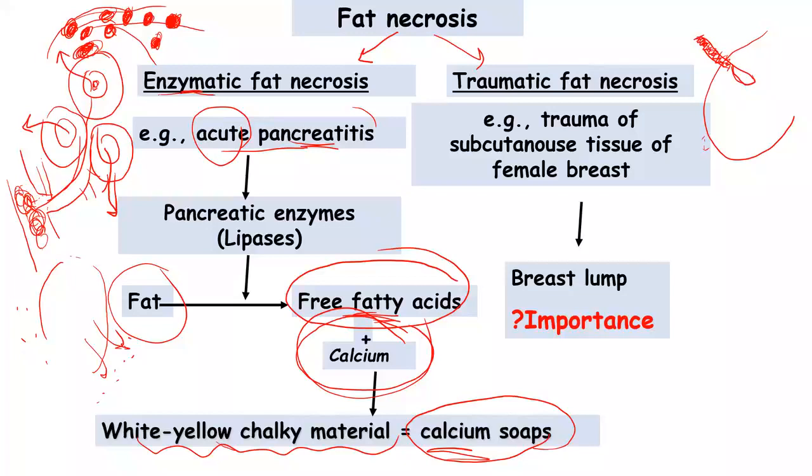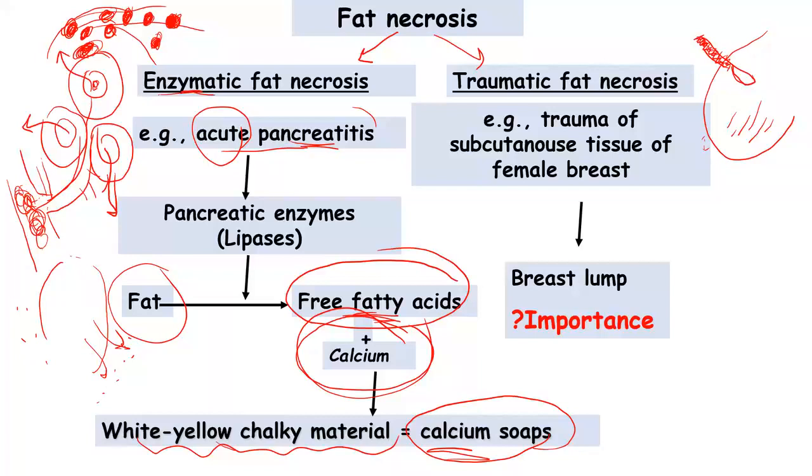So you can have a surgery in the breast, and you just take the blade and cause trauma to the fat cells present in the breast or in the abdomen or any fatty area, or you may have a blunt trauma.